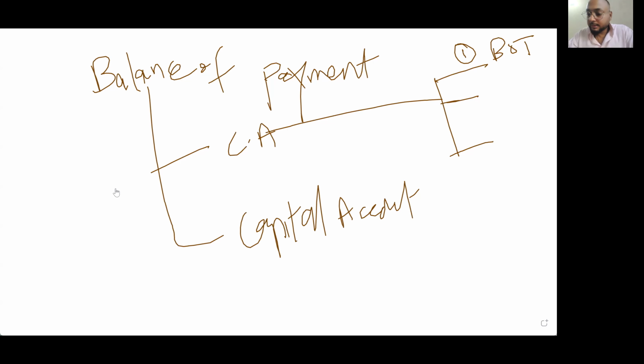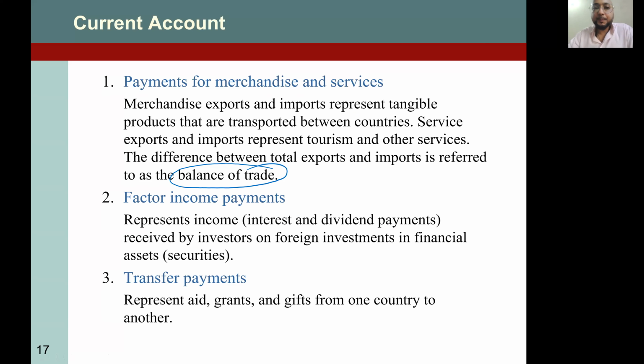Okay, here we go. So now the balance of trade, also called the payments for merchandise and service account, which we just learned in our previous video. Merchandise exports and imports represent tangible products that are transported between countries. Service imports and exports are basically represented through tourism and other services like banking services.